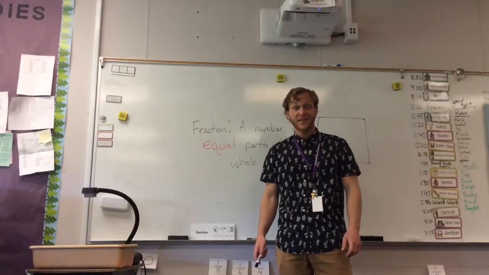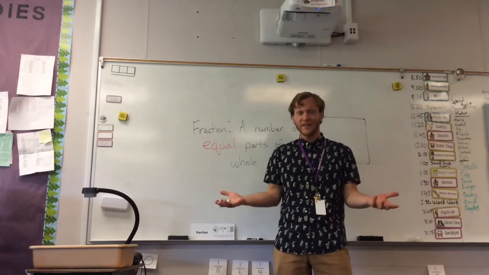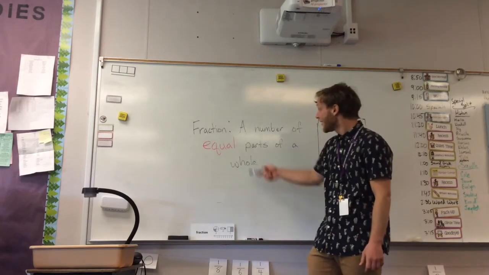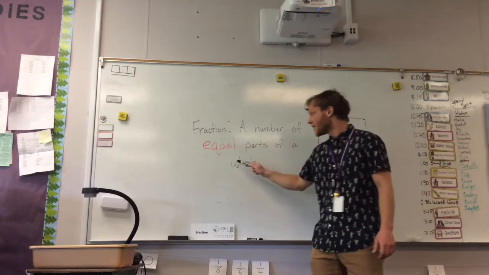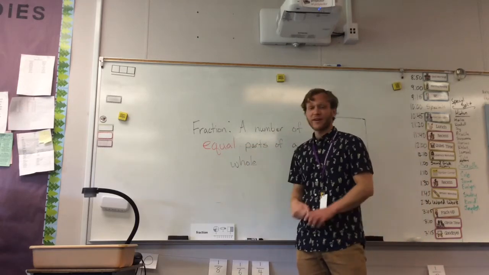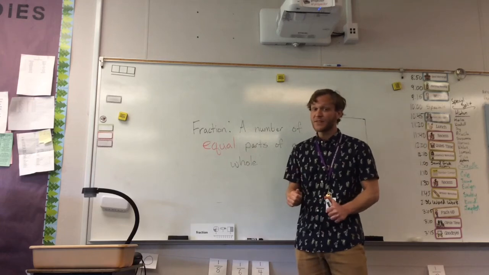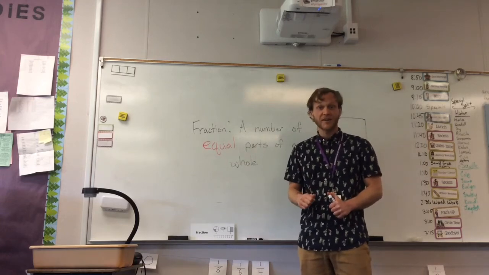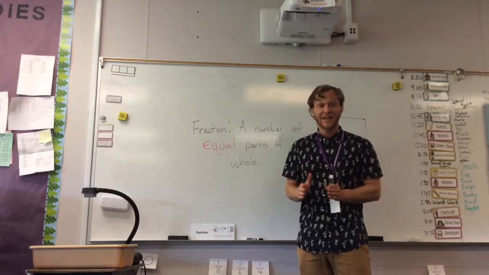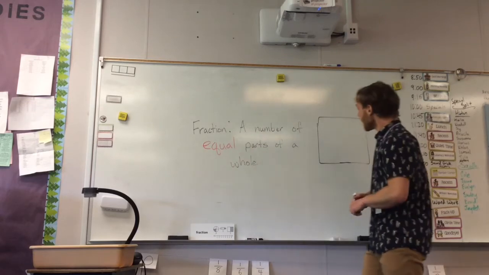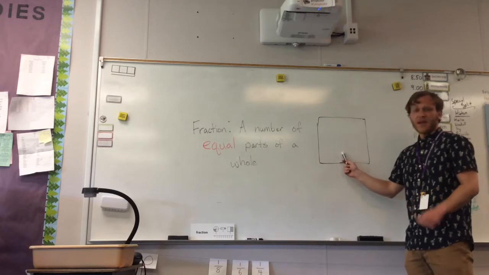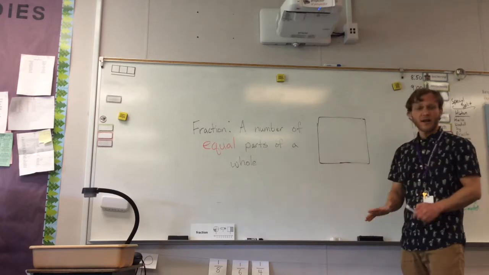So, to start us off today, we'll have to figure out, what is a fraction? Well, a fraction is a number of equal parts of a whole. And you'll see equal is written in red because for something to be a fraction, each part needs to be the exact same amount, or in other words, equal. So, if I was to draw a square, and this square we will say is one whole.